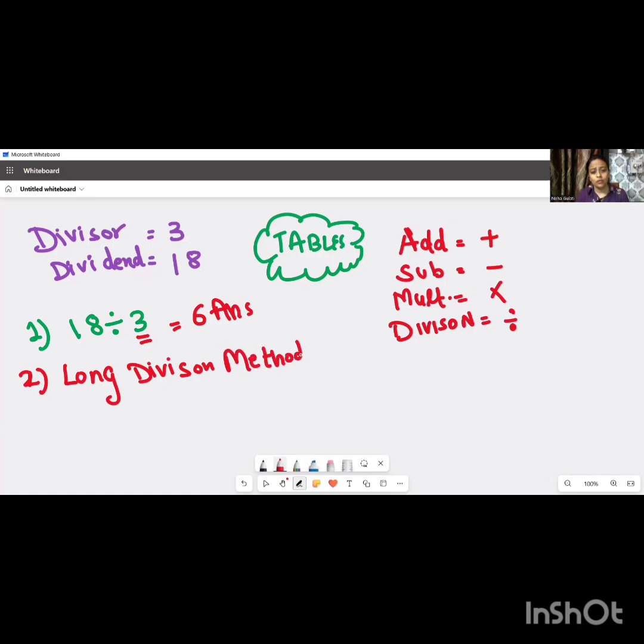We prefer this method whenever the dividend is a larger number, meaning we cannot read the table up to that number. Then we use the long division method, and we will discuss this topic in detail. When the dividend is a larger number, we follow the long division method.